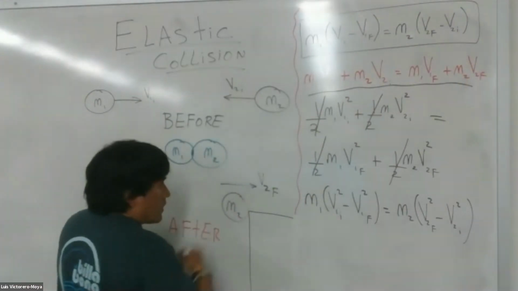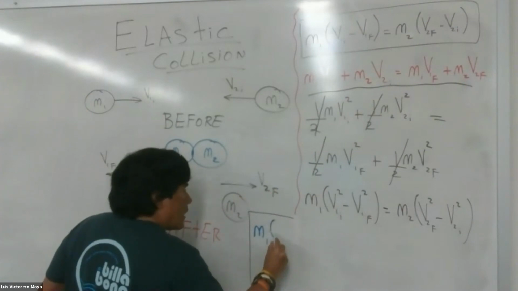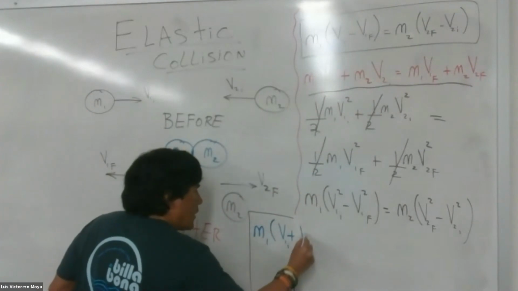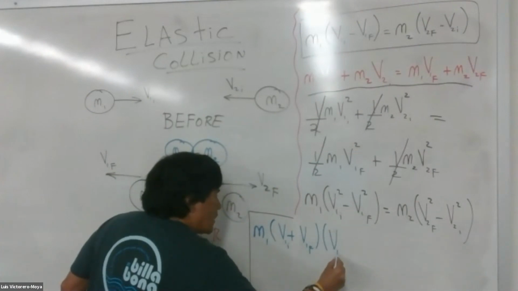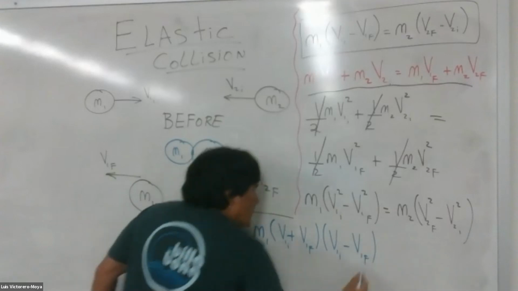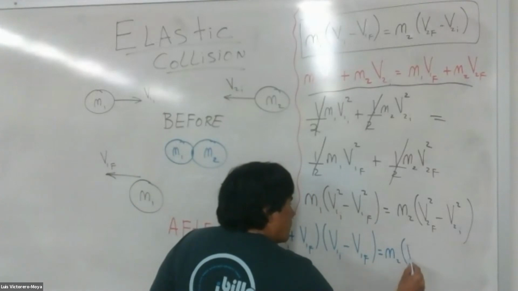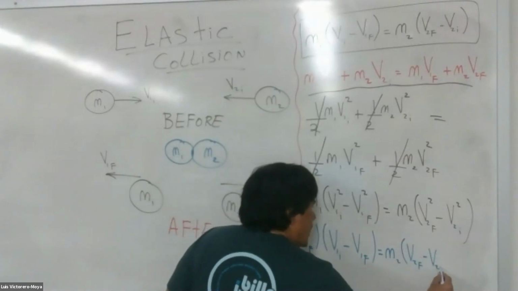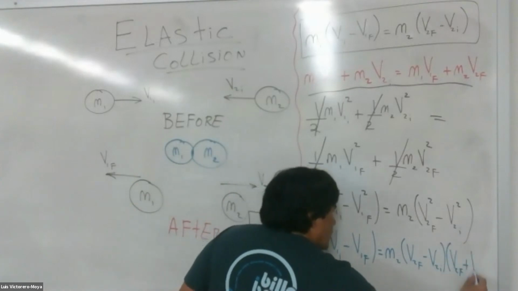If you do the algebra, M1 times V1 initial plus V1 final times V1 initial minus V1 final equals M2 times V2 final minus V2 initial times V2 final plus V2 initial.